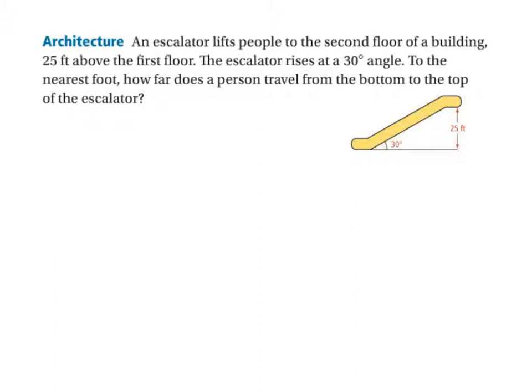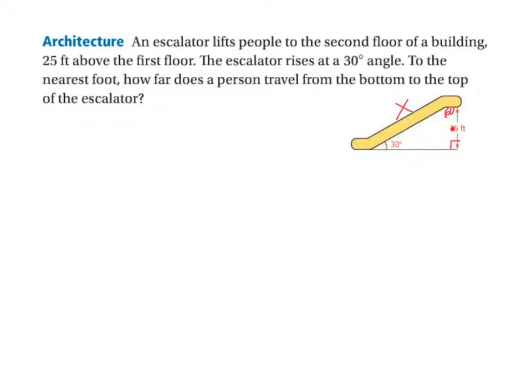Okay, ultimately you're looking for the yellow part here, how far you're traveling on that. Now, the way they've drawn this, you've got this right angle, you've got a 30, that's going to force this to be a 60 up here. We have a 30, 60, 90. And what they've given us is conveniently the short leg, the 25.